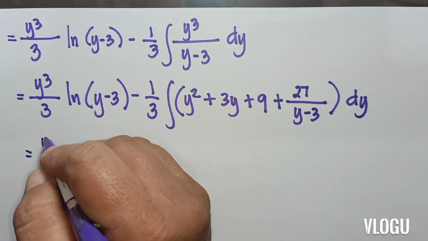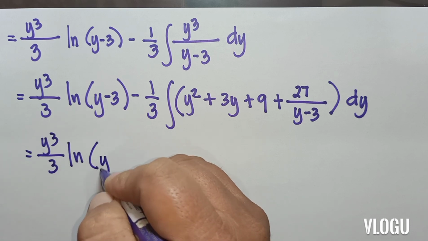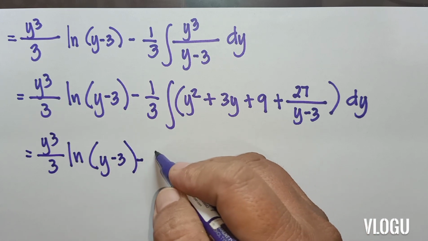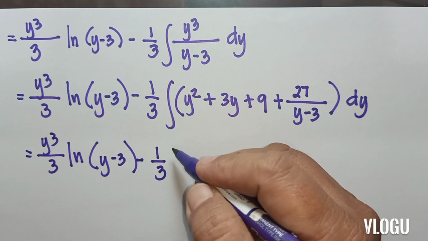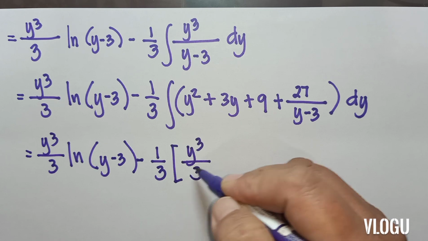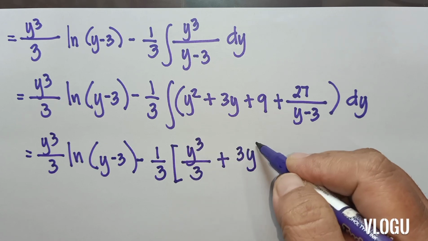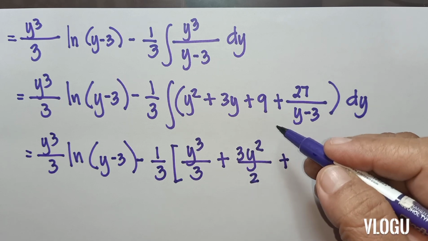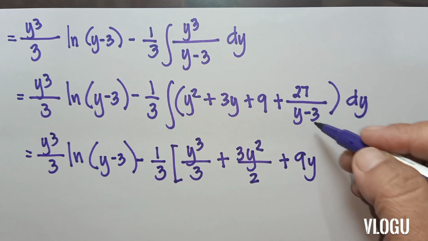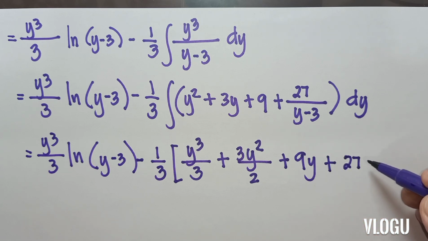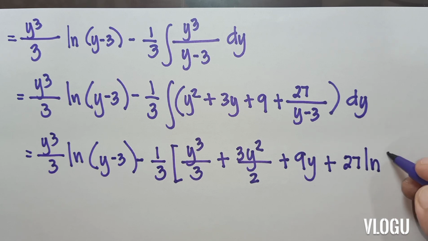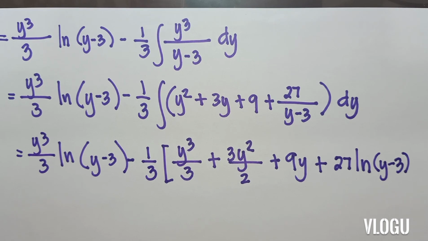You will have y cubed over 3 ln (y minus 3) minus 1/3 of y cubed over 3 plus 3y squared over 2 plus the integral of 9, that is 9y, plus the integral of 27 over y minus 3, that is plus 27 ln of y minus 3, plus c.